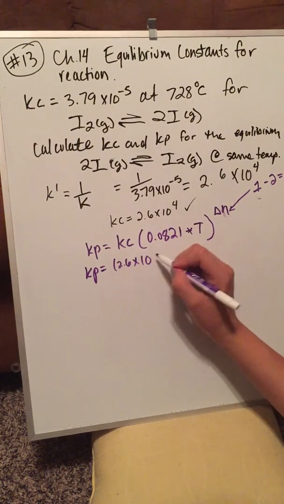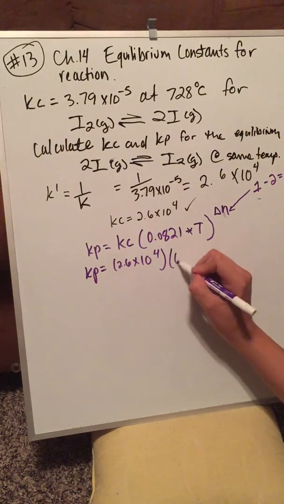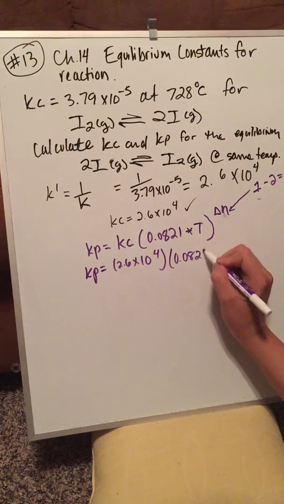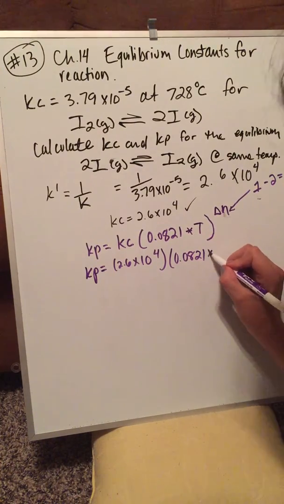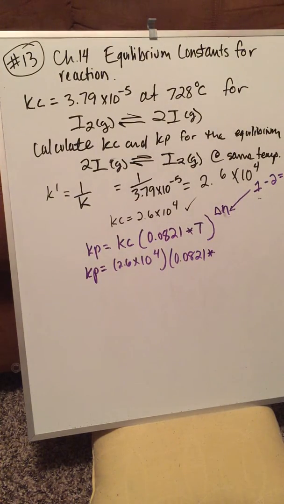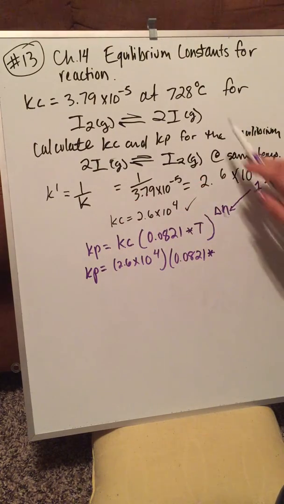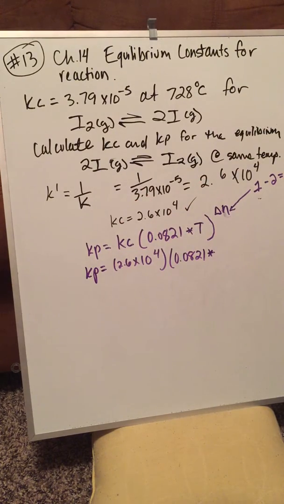2.6 times 10 to the 4 times our constant times our temperature, which we want in Kelvin. I need to calculate that really quick. What is our temperature? 728.